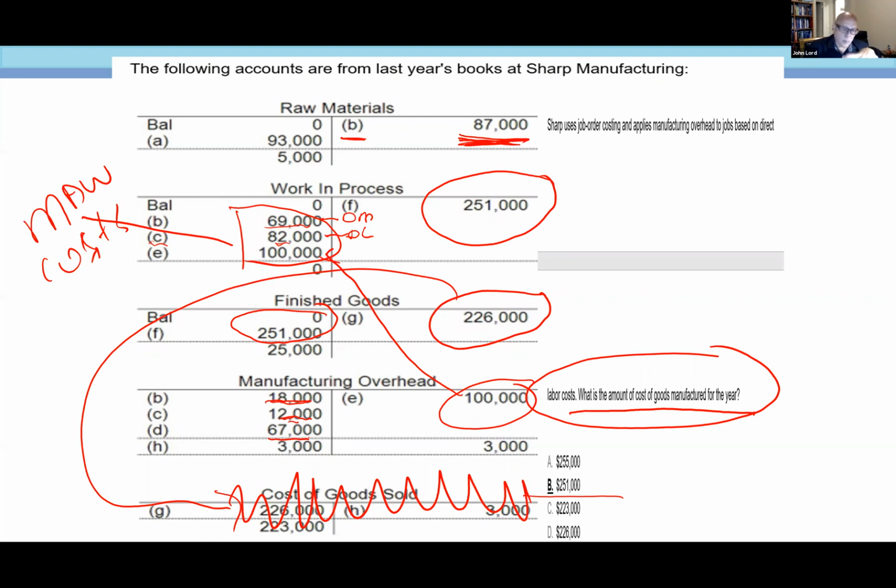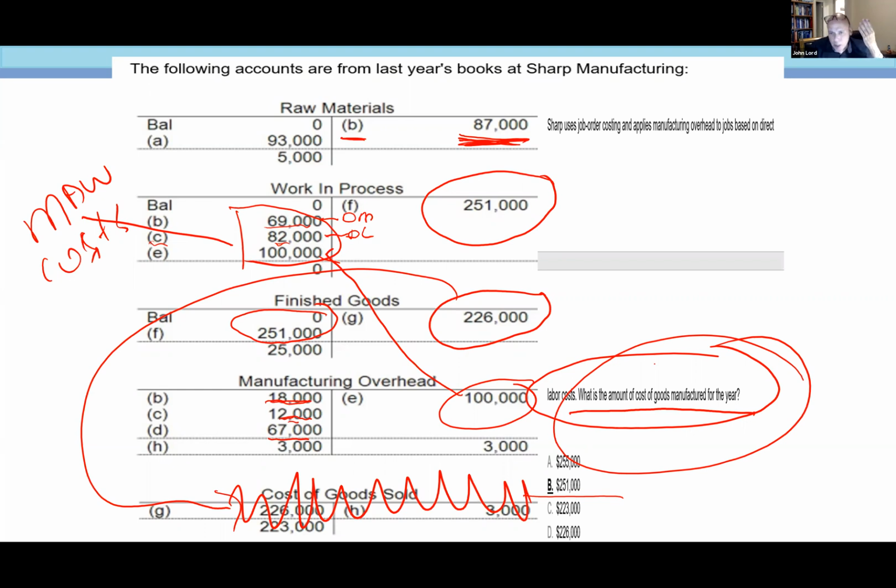Okay, but I'm just using that question to review a lot of things. This question is easy if you know your definition of cost of goods manufactured is what comes out of work in process and goes into finished goods. If you know your manufacturing cost, that's everything that got added to work in process.